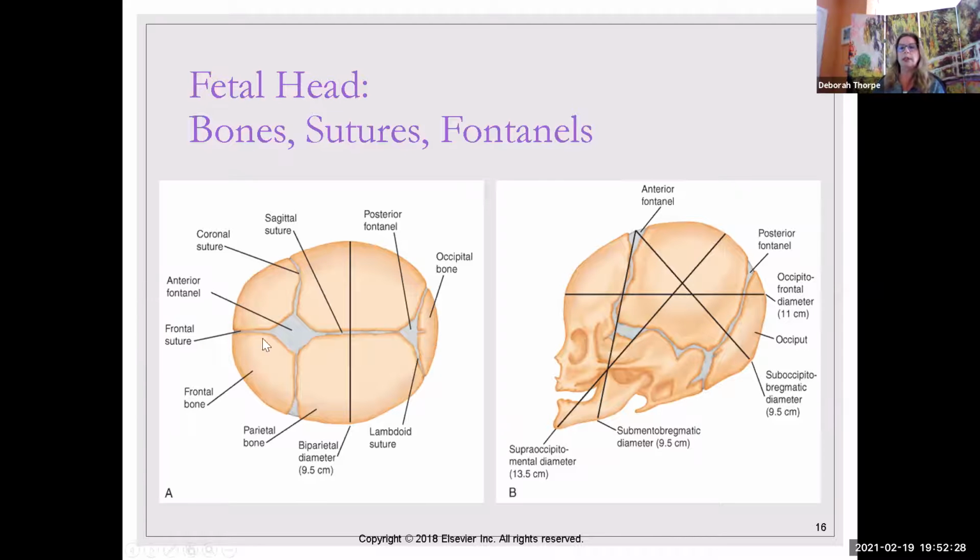So when you're thinking about the baby, we assess the fontanelles and the overriding sutures when we're doing our newborn assessment. You can see here the anterior fontanelle should be the bigger one. It's diamond shaped. It's usually very easy to find. Sometimes the posterior fontanelle is a little harder to find because it's very small. It doesn't necessarily mean anything's bad as long as all of these sutures are not fused yet.